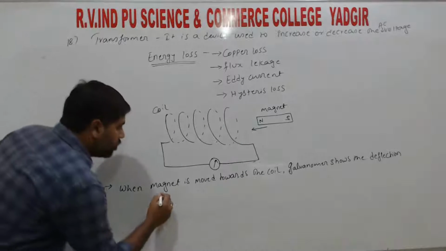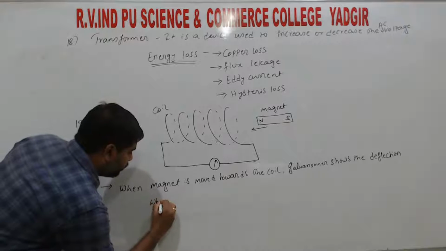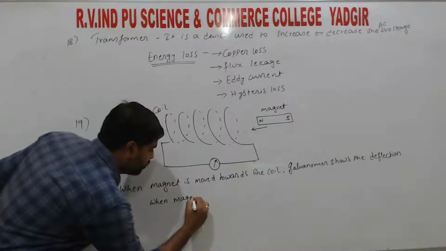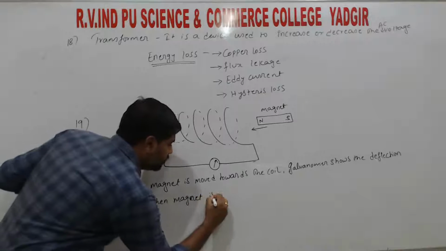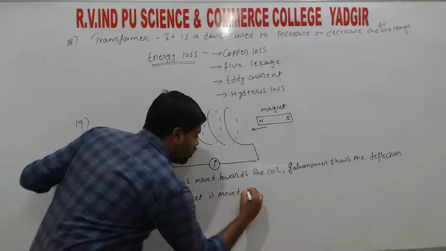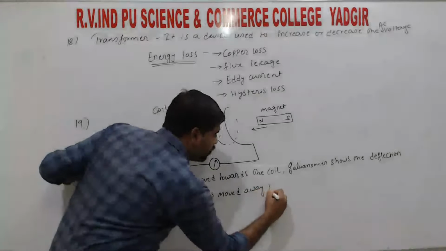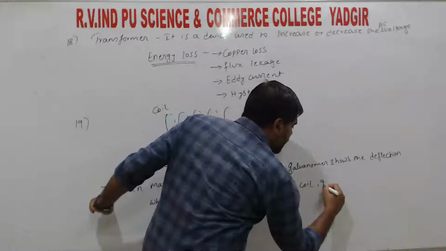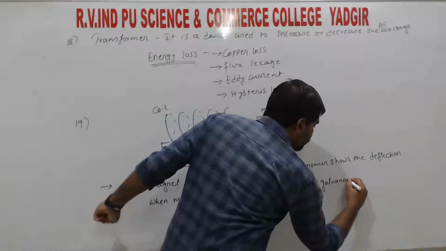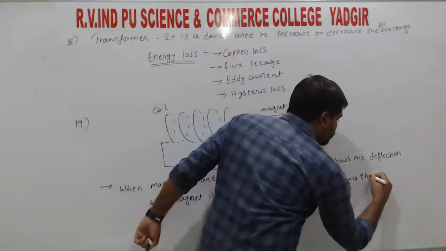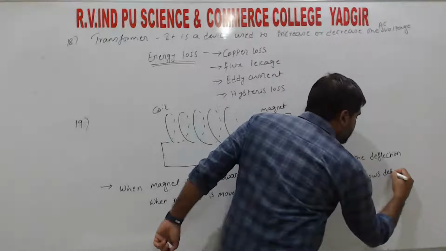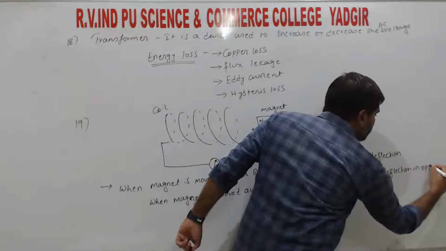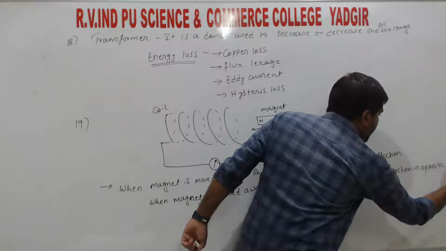Similarly, when the magnet is moved away from the coil, the galvanometer shows deflection in the opposite direction.